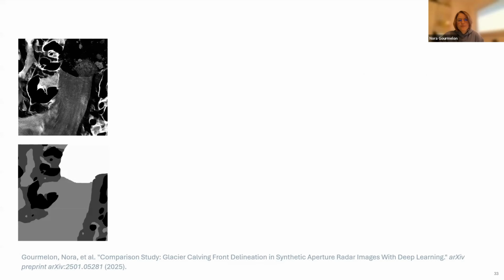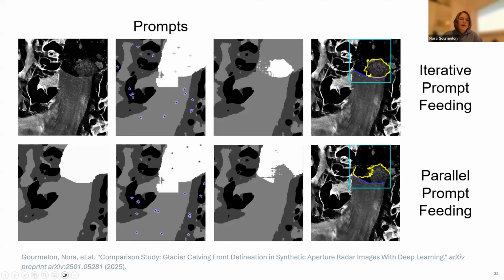For the results here, visually, this one here is the image, and we have the label. And then here is the output of our best working model before, the HookFormer, where we generate the prompts. In blue stars are the negative prompts, and green crosses are positive prompts.